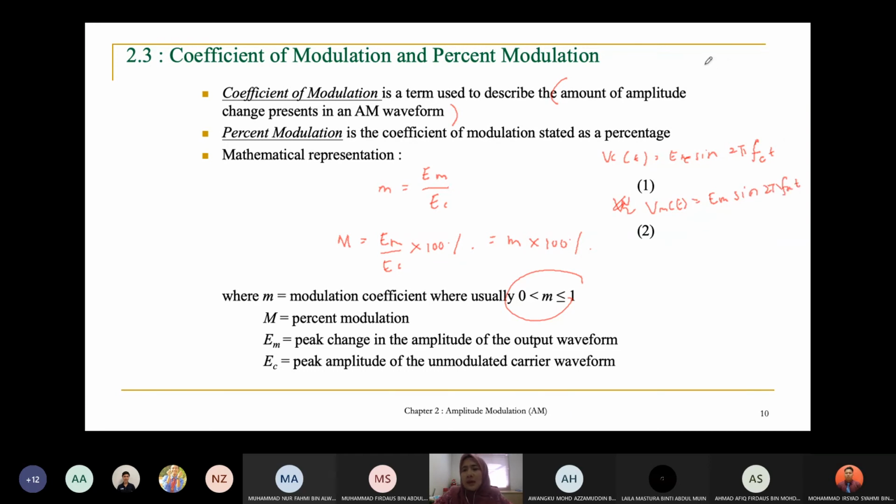So EC is actually the same as VC, and EM is the same as VM, the amplitude. So this is actually voltage, EM and EC are voltages.